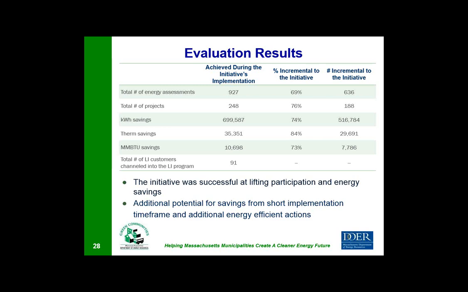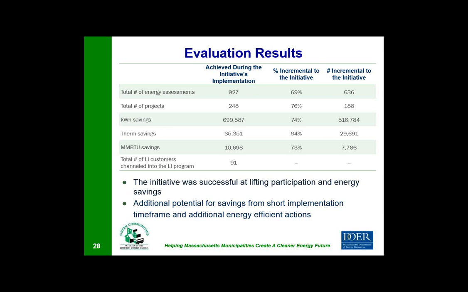So we compared the results of this initiative in these targeted communities to what was going on in similar communities at the same time, but those that didn't have the enhanced marketing or enhanced incentives. And what we found is that this initiative did result in an increase in participation and an increase in energy savings. Overall, across all the communities that were targeted, we had a lift of 69% in the number of energy assessments.